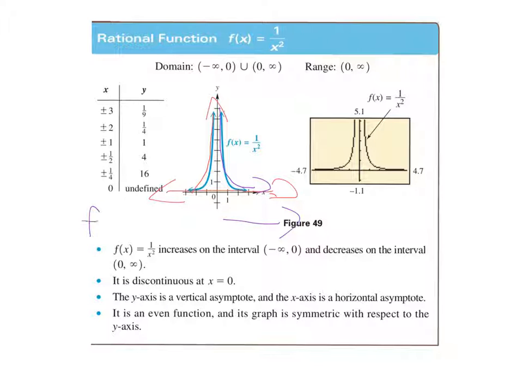Now, say if it were negative 1 over x squared, the graph would look like this, below the x-axis. It would look like the purple graph, kind of. It would just be flipped across.